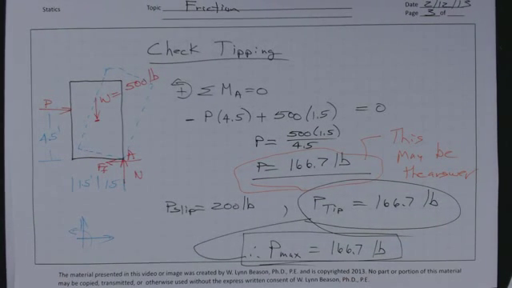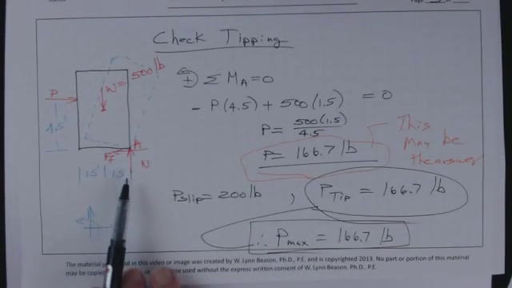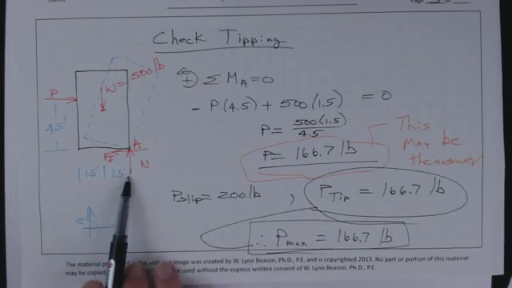And you see, with these kinds of problems, you never exactly know which mechanism is going to control. The way I've done it here is one way to look at it. There are probably some other ways you could look at it. For instance, had we done the tipping calculation first, then we could have summed in the vertical direction and found out what that normal force is.